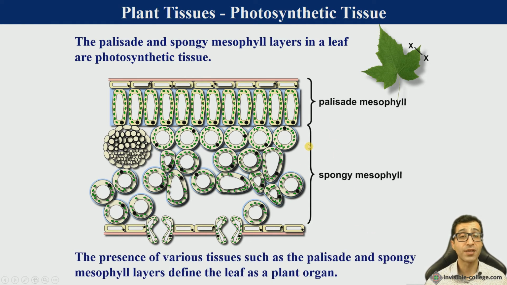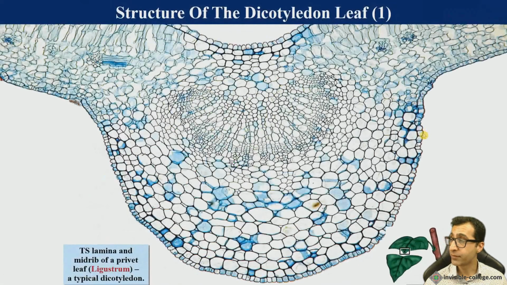So leaves are the organs of the plant whose function is photosynthesis. If we take a transverse section through a dicotyledonous leaf, we can see here the mid-rib of a privet leaf from this organism, Ligustrum. And this is typical of a dicotyledonous leaf.